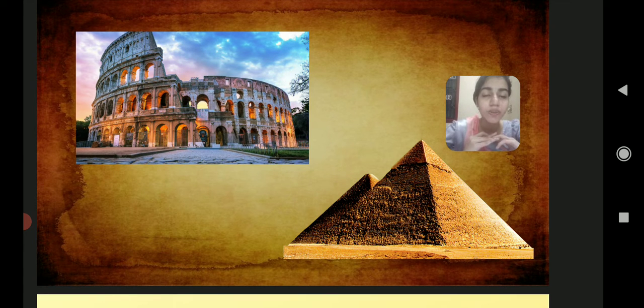So then the Roman emperors asked everybody to cover their buildings with plaster of Paris, because gypsum was available in abundance in the city of Paris. They made plaster of Paris out of this gypsum, and they covered all their buildings using it. So it is to protect their buildings from fire accidents and all.